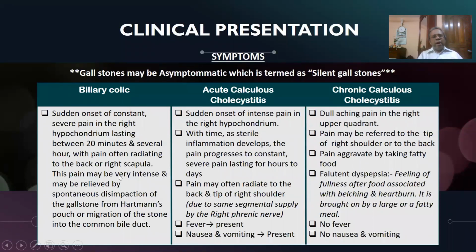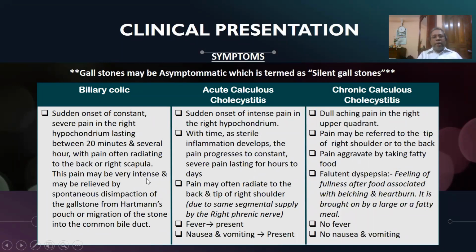And this pain may be very intense and may be relieved spontaneously. The important thing is the impaction of gallstones in Hartmann's pouch and migration of the stones into the common bile duct.